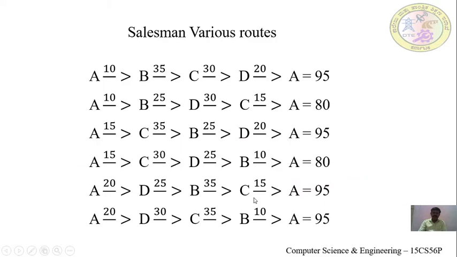These are the various routes. There are 6 routes we can traverse. Among the 6 routes, there are 2 solutions having the minimum path with the same value. So these two become the optimal solution.